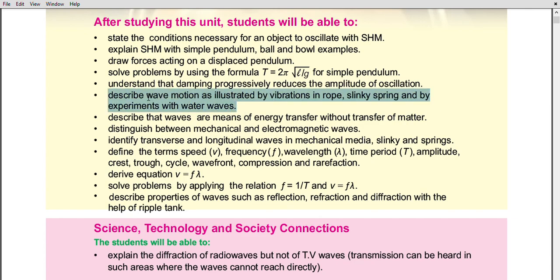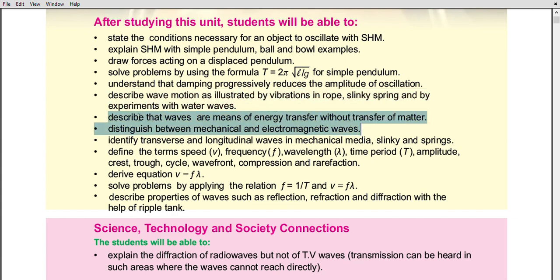And next, you'll be able to describe wave motion as illustrated by vibrations in a rope, a slinky spring, and by experiments with water waves. It means we are going to discuss waves by using these different media: waves in the rope, slinky springs, and waves in water.